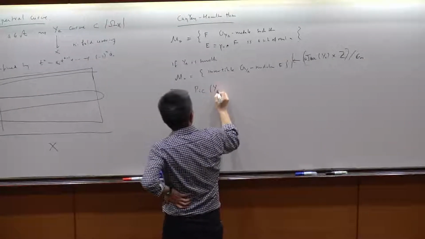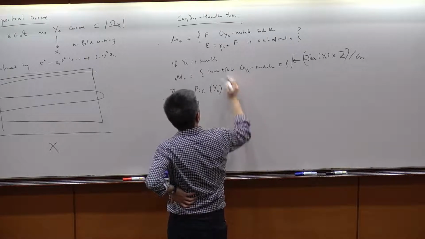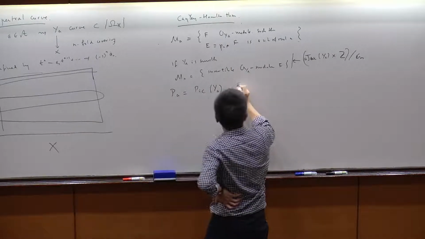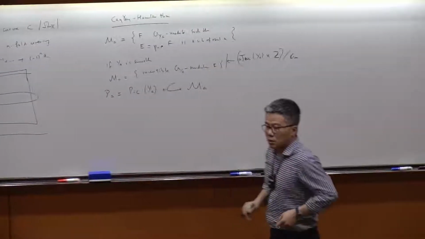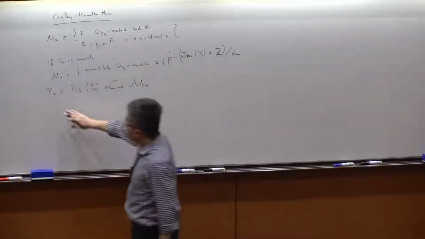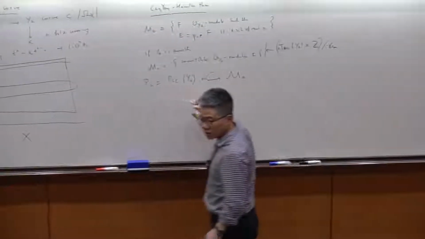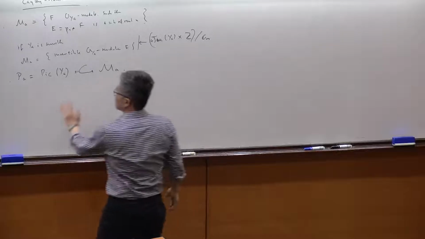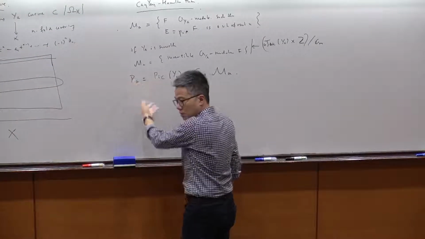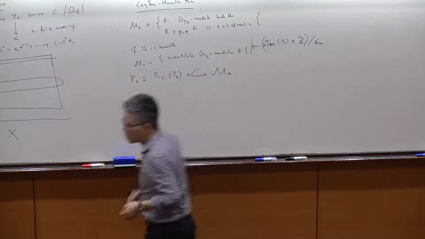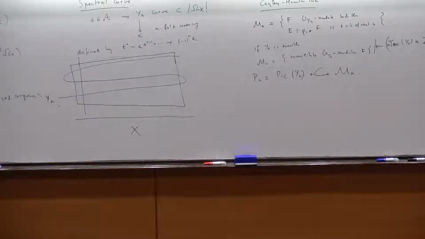So in general, let P_a be Pic of Y_a, the invertible sheaves on Y_a. Then you know that it acts on M_a. So this holds for any spectral curve. You see the fibers themselves are not the abelian variety, but they are acted on by some abelian variety. So all these features should be generalized to every group.